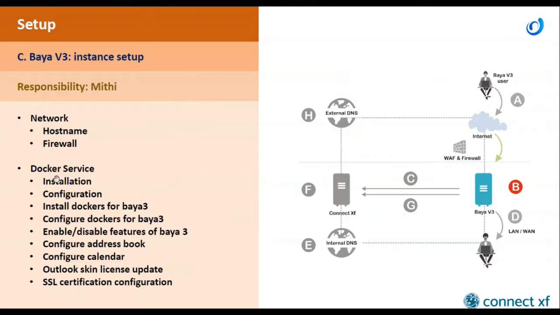We will be using the Docker service to set up BIA v3, which will cover installation and configuration, and some features of BIA v3 need to be configured, like the address book and the calendar. Then there is a license setup for the Outlook skin and the SSL certificate. All these configurations will be done by Mithi once the server is provided by the customer.